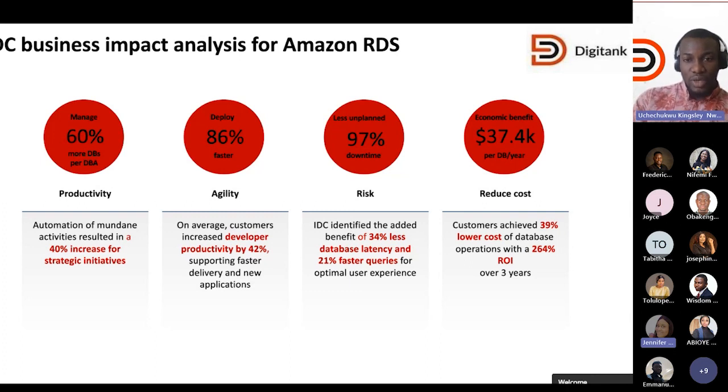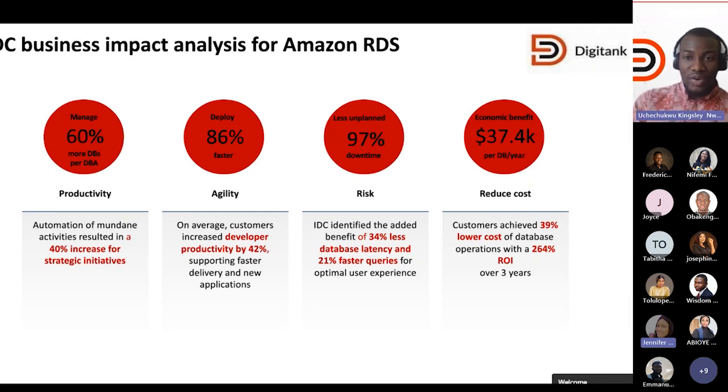Then with agility, on average, customers increased developer productivity by 42%, which helps them to launch faster. They can go to market very quickly.